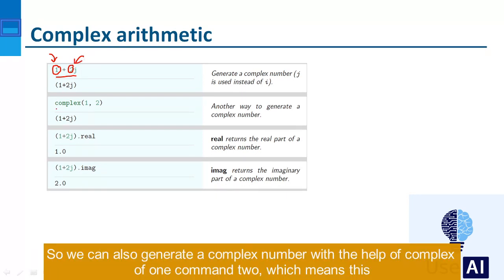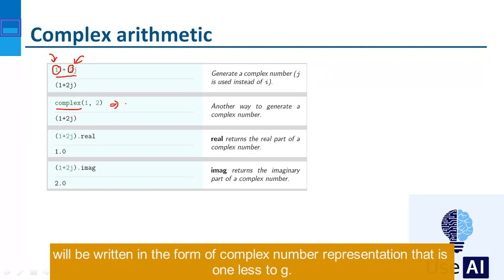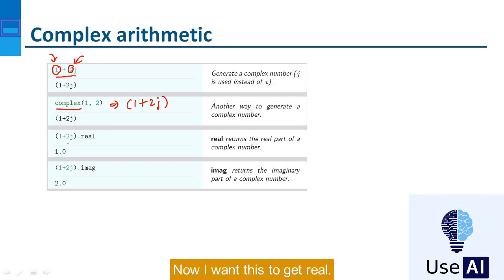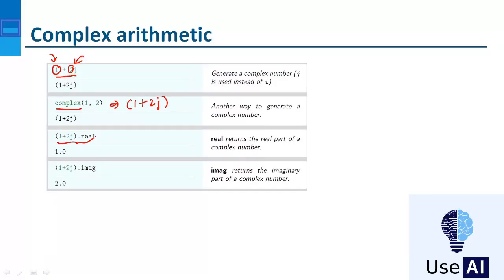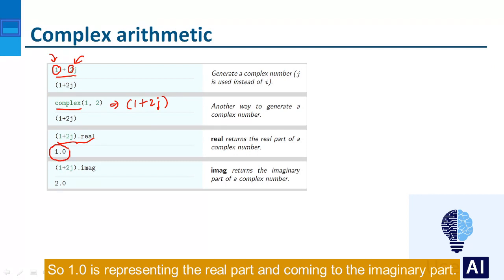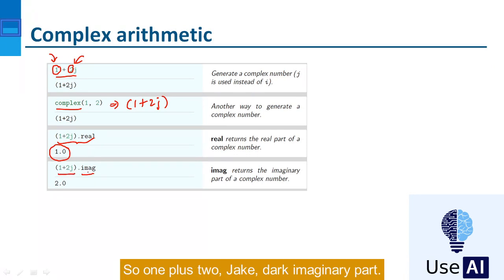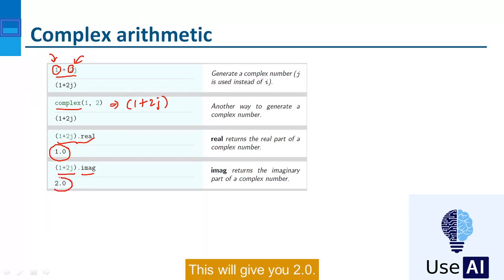So we can also generate a complex number with the help of complex of 1, 2, which means this will be written in the form of complex number representation, that is 1 plus 2j. Okay. Now 1 plus 2j dot real. This is going to return the real part of the entire complex number. So what is the real part of the complex number? 1.0 is representing the real part. And coming to the imaginary part, 1 plus 2j dot imag, this will give you 2.0. Okay.